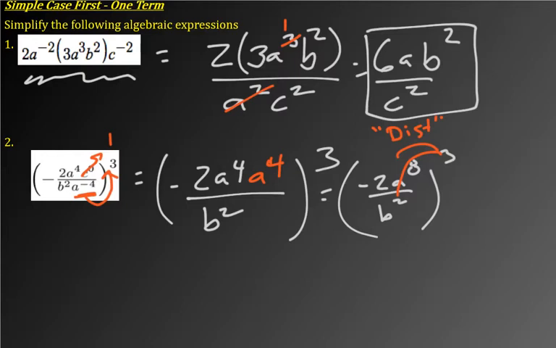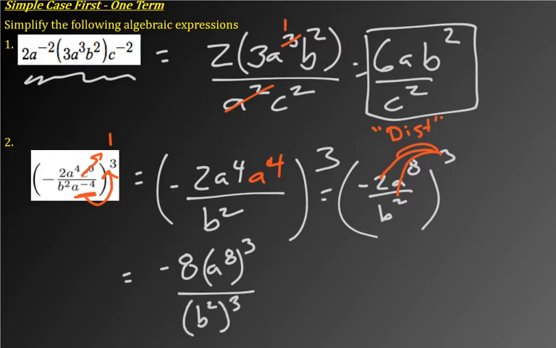And we also need to distribute it here too, right? That's definitely in there. So negative 2 cubed is negative 8. And then a to the 8th cubed. So I'm going to just write it like that for a second. And then b squared cubed. Everything just got the cube, basically.